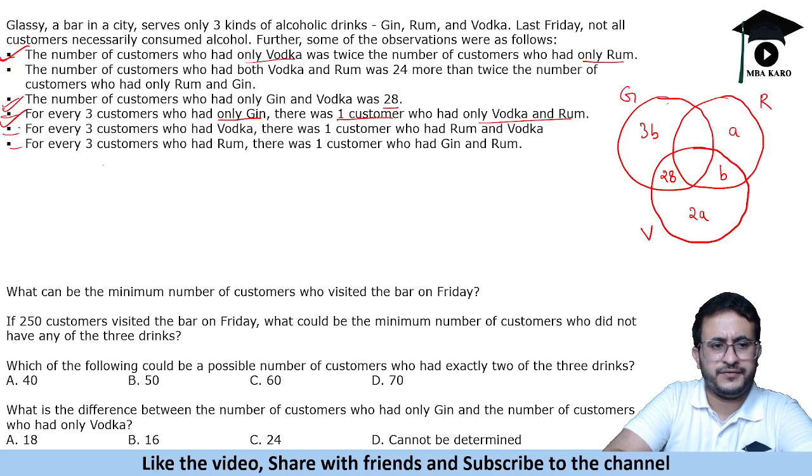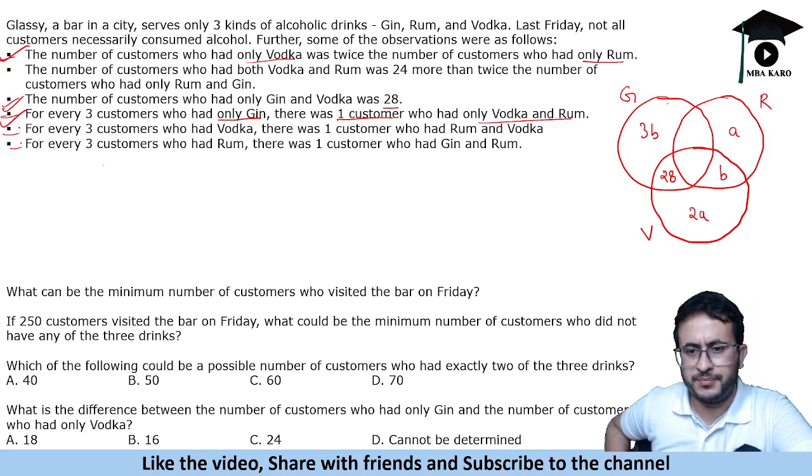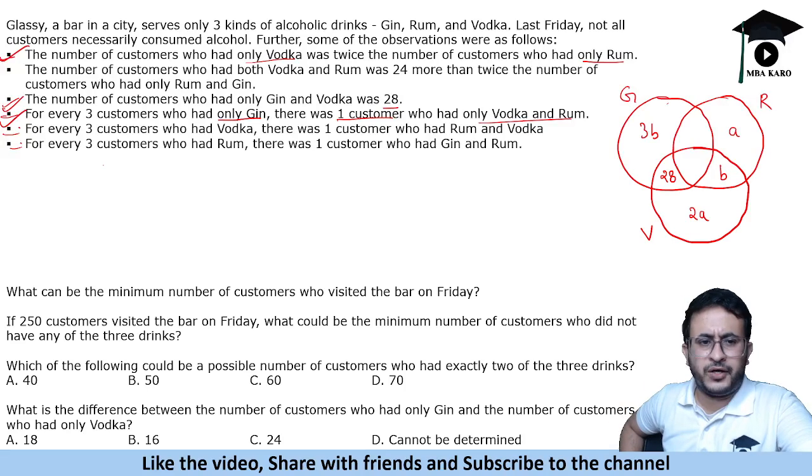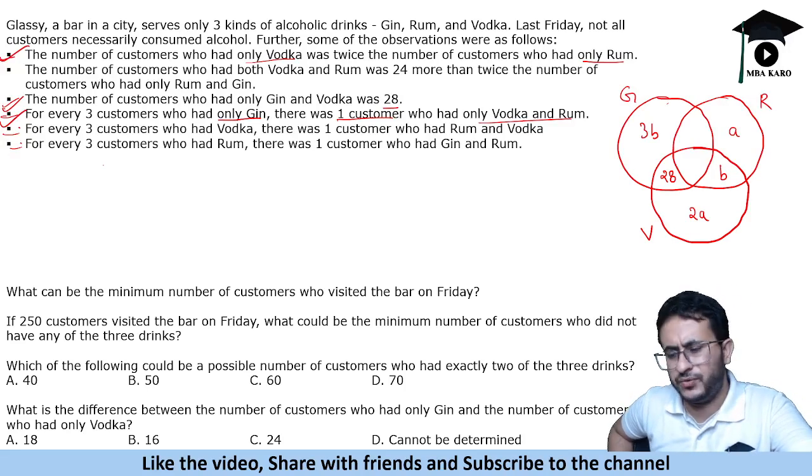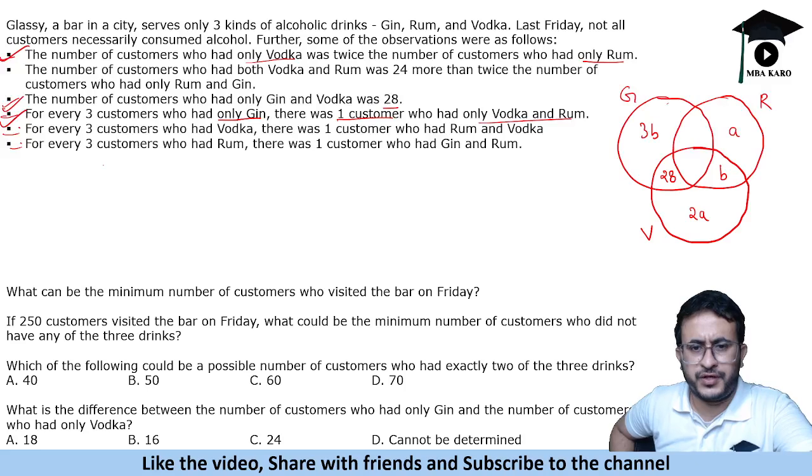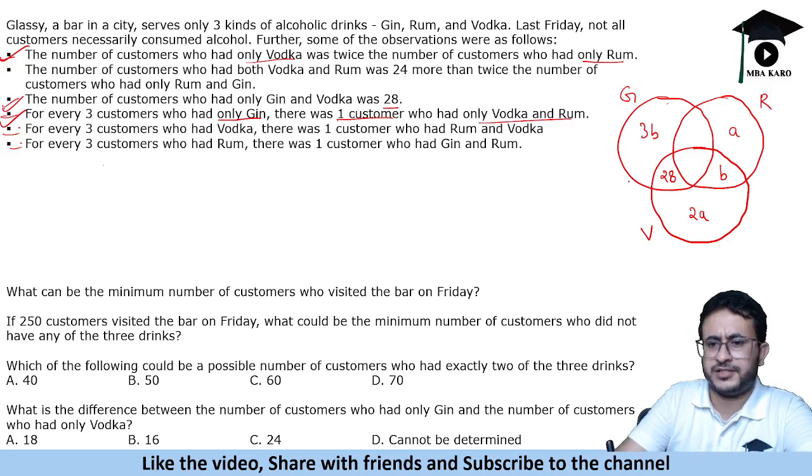These 3 are done. We have 2 more statements. Now it says for every 3 customers who had vodka, there was one customer who had rum and vodka.